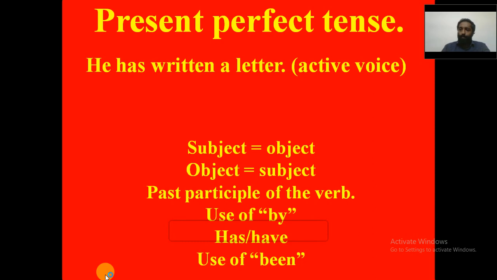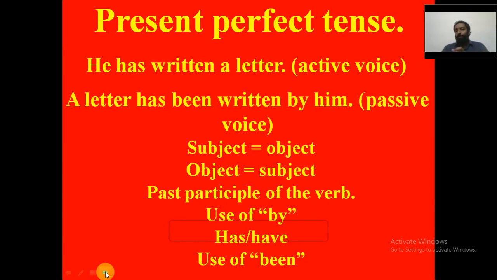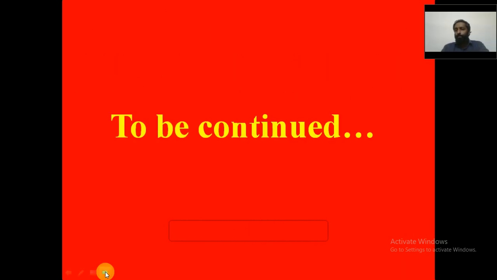Instead of is, am, are, we have got has or have. Then we have the word called been. So these are the changes that will happen in the present perfect tense. I hope you have understood these changes that will happen when you are converting simple present, present continuous, present perfect tense from active into passive voice.